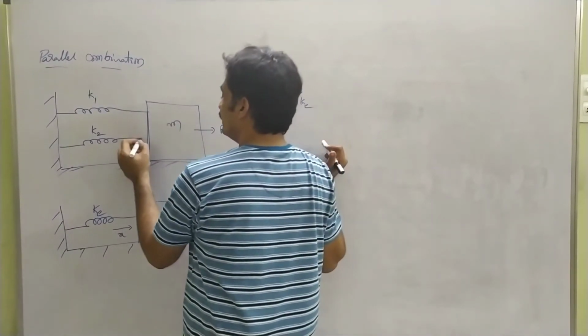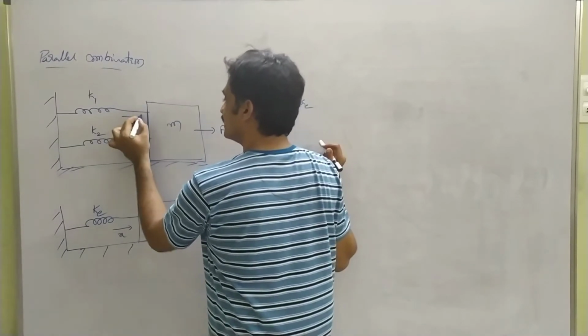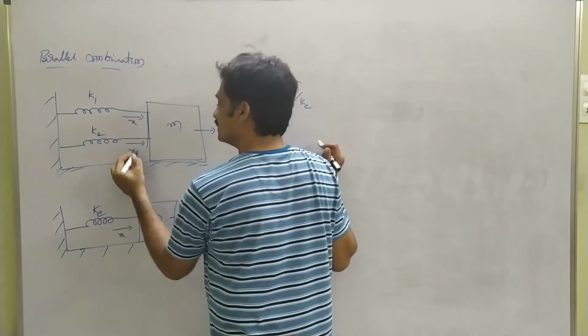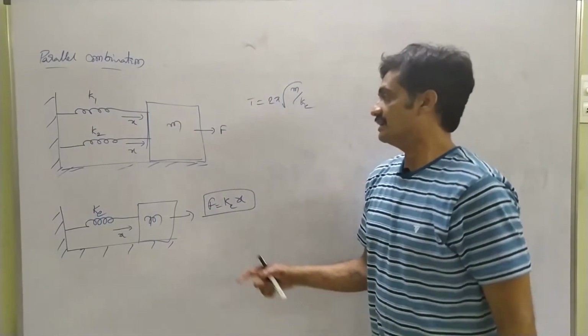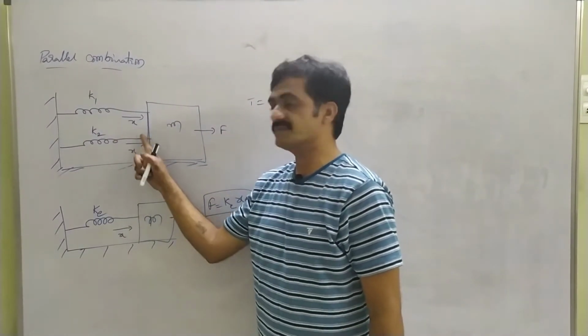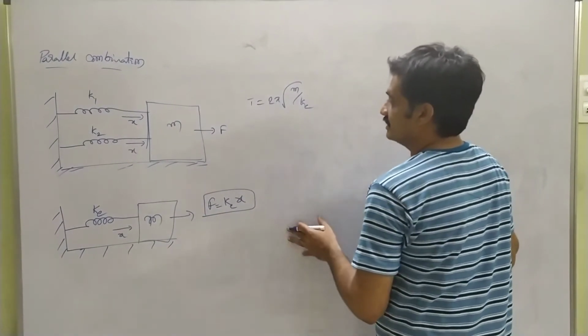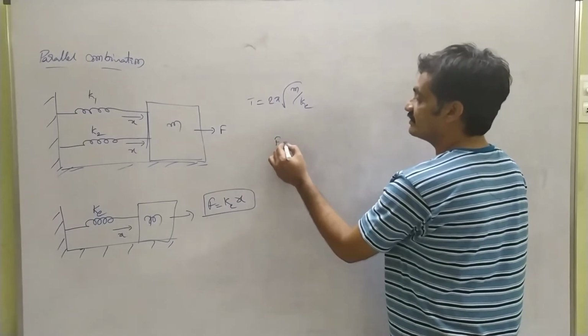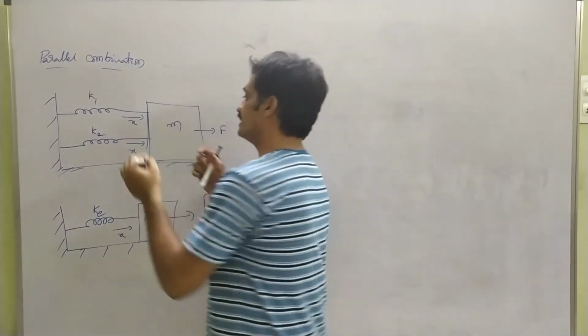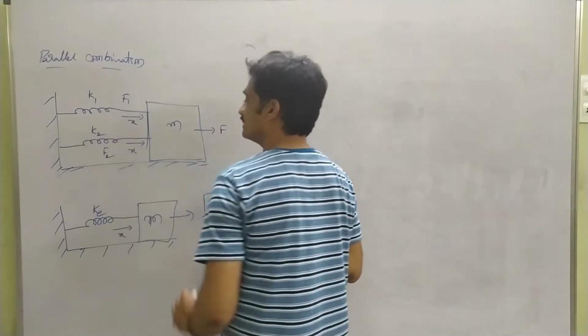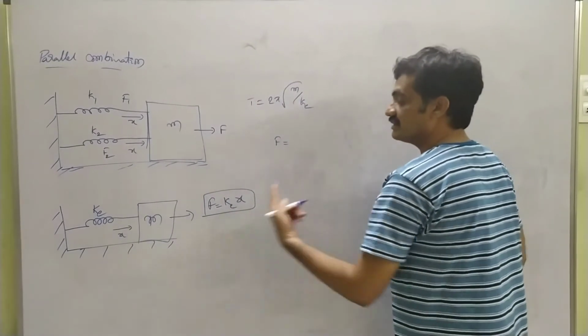In the same way, when we consider these two springs, the first spring displaces with the same displacement and the second spring also displaces with the same displacement. The displacement in the first spring and the second spring is the same, x. The force acting on the first spring is represented as F1 and the force acting on the second spring is F2, where we know that F equals kx.